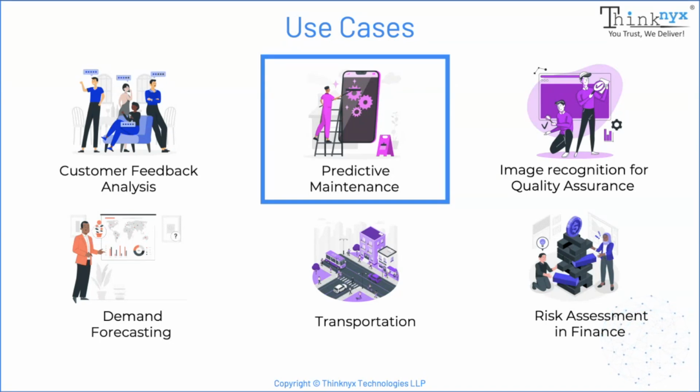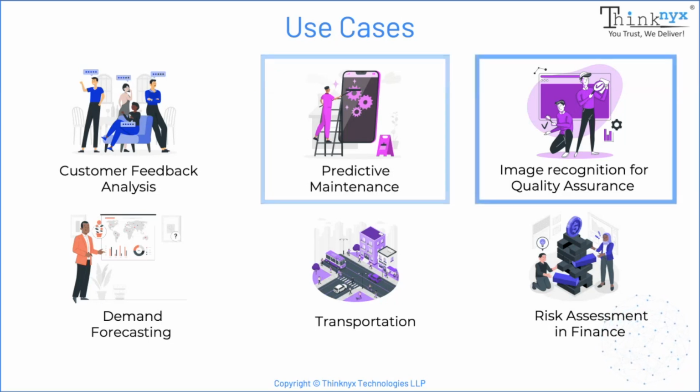And everything in manufacturing is a machine. If everything is a machine, definitely it needs maintenance. So they use machine learning models to predict failures in their supply chain, in their pipelines, in their flow, so that they can do predictive maintenance accordingly.